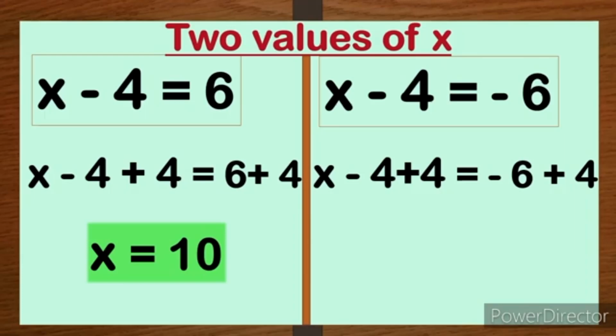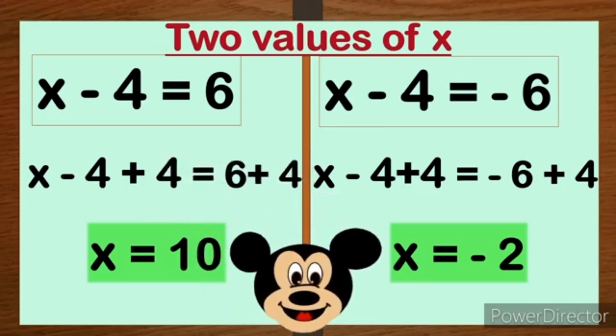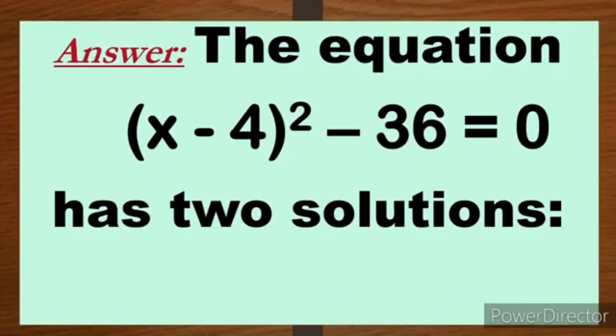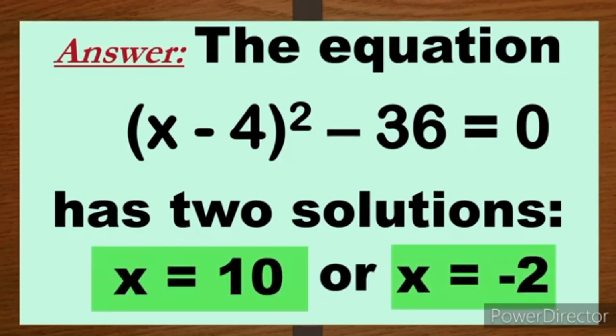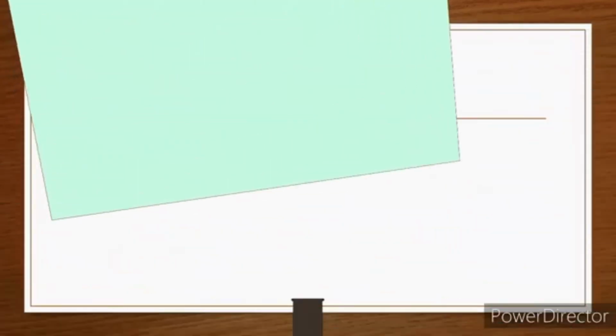Therefore, we have x equals negative 2. Those are the two values of x. And the answer is: the equation, the square of x minus 4 minus 36 equal to 0, has two solutions, and that is x equals 10 or x equals negative 2.